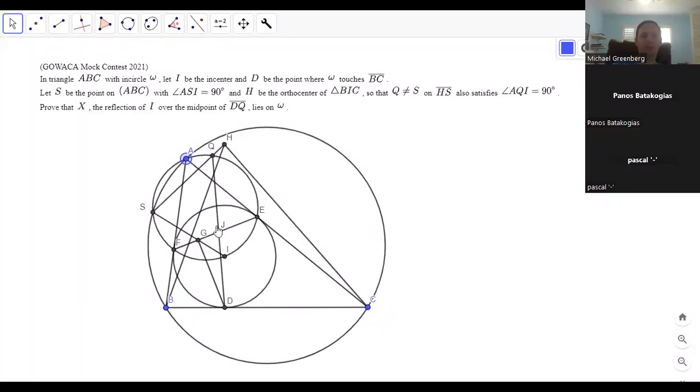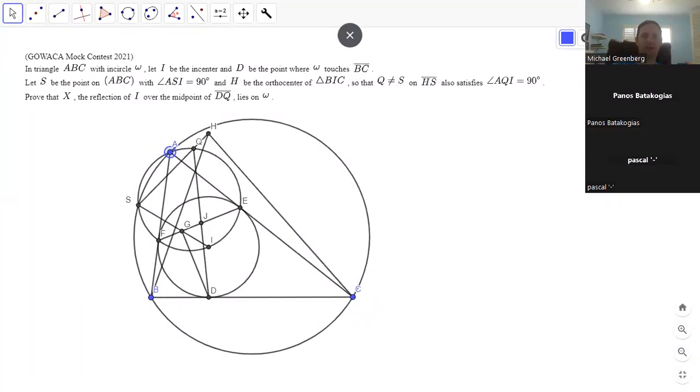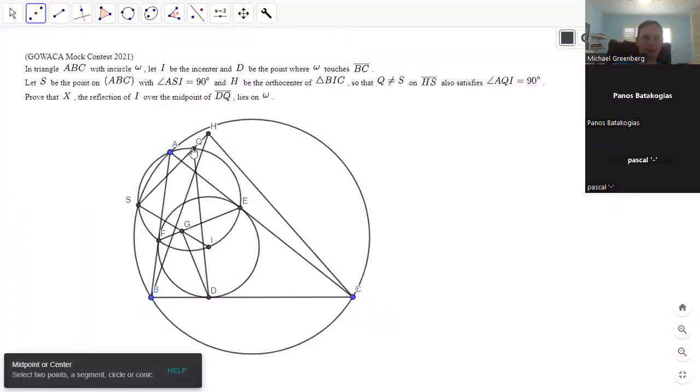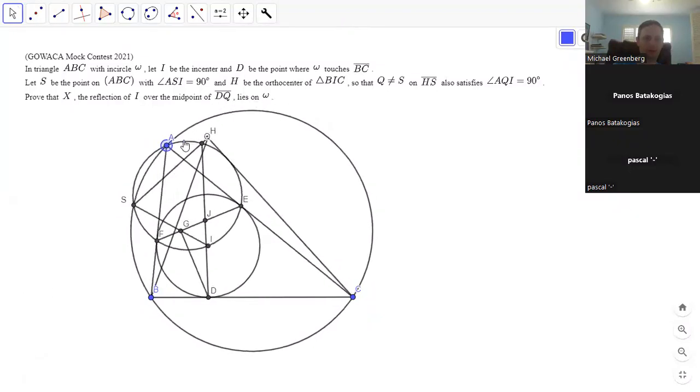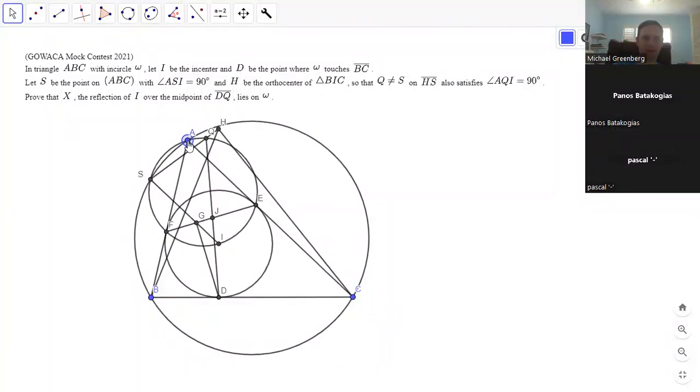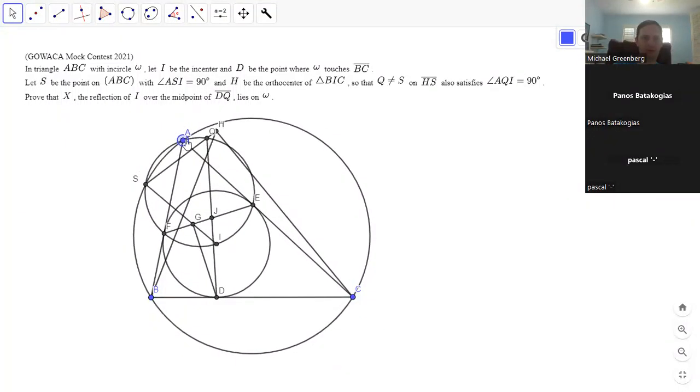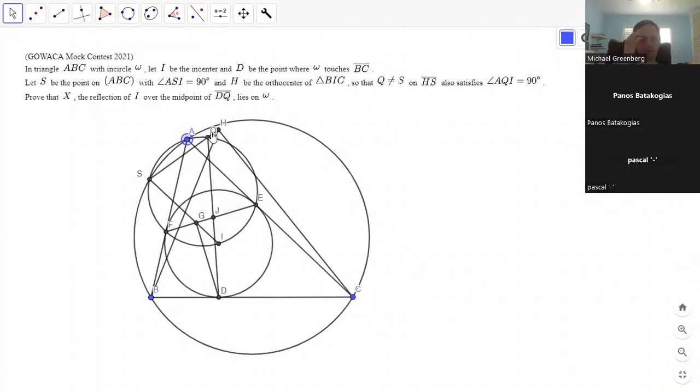Yeah, so I think the midpoint of DQ lies on EF. I can't prove it, but basically, if I take the midpoint of DQ, it makes it look like it lies on EF. Yeah. So that's the first step, I guess, is to prove that. And then the second step is to show that if we reflect I over it, it lies on the circle.